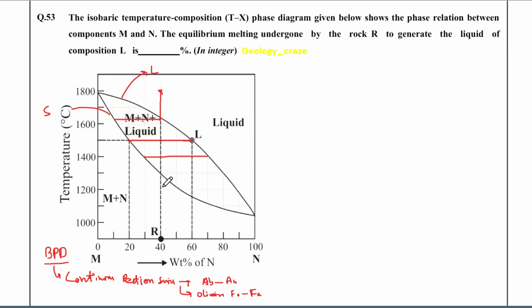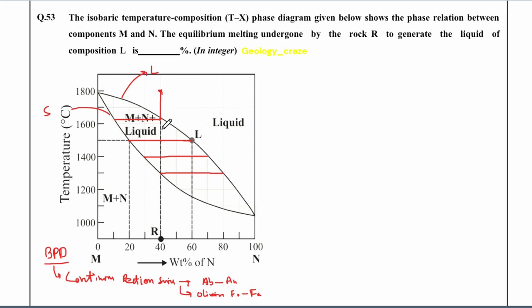Why am I drawing three lines? So that our concept will be clear and we can answer easily just by seeing this. We need not waste too much time on this in the exam.